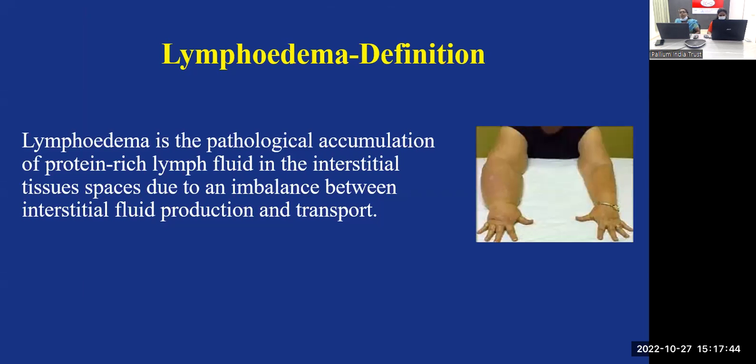What is lymphedema? So now we understand the functions of the lymphatic system, what lymph is, and what the major parts are, like lymphatic capillaries, lymph nodes, lymph vessels, and all. These are the connecting pathway, and they work together.